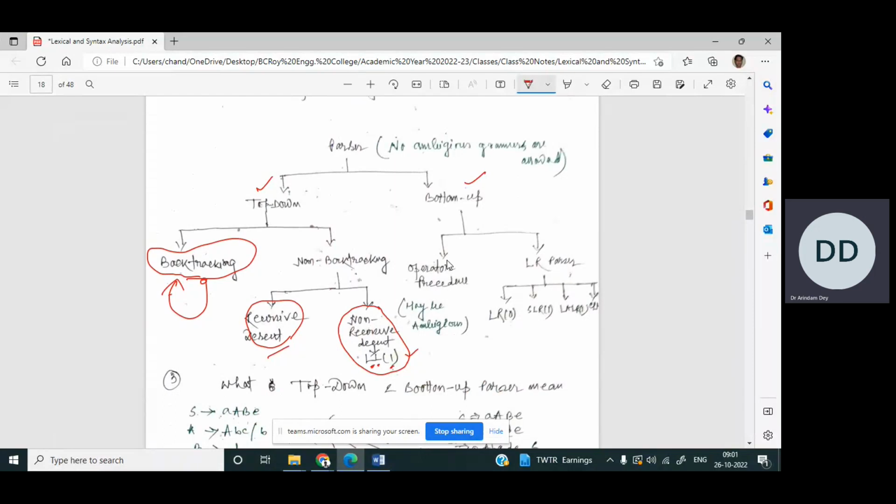Slowly we'll be moving and looking into it. Don't worry about the different parsers like LR0, LR1. Once the parsing techniques are completed, you will be equipped with all the knowledge required from the parser point of view. Let's focus on recursive descent, non-recursive descent parsing LL1.